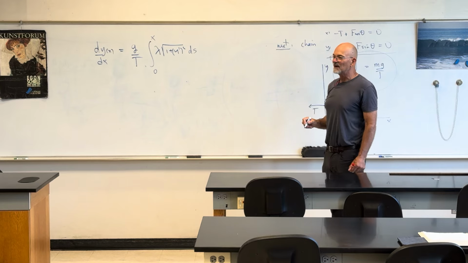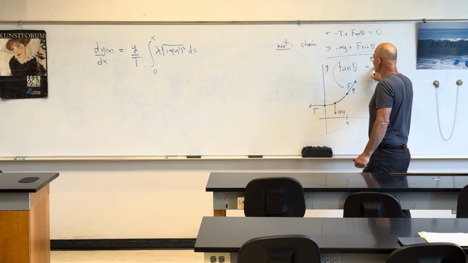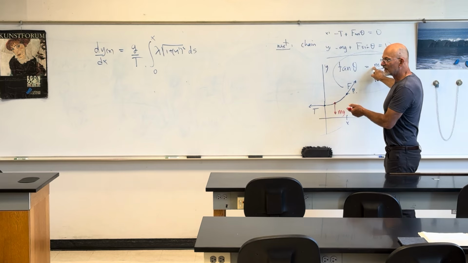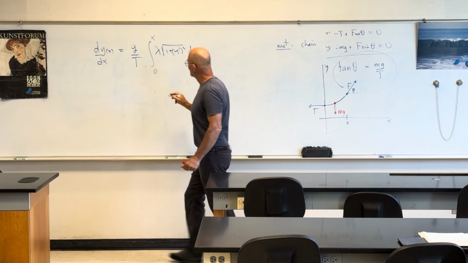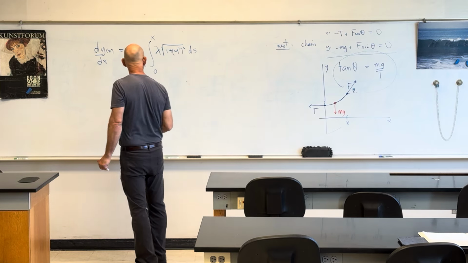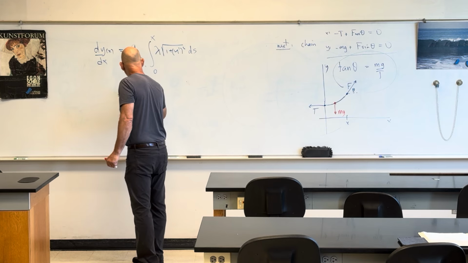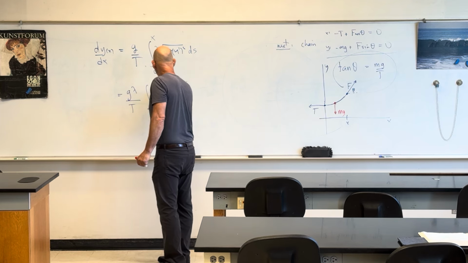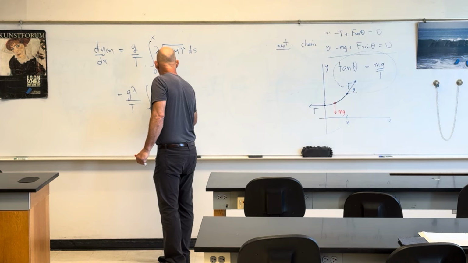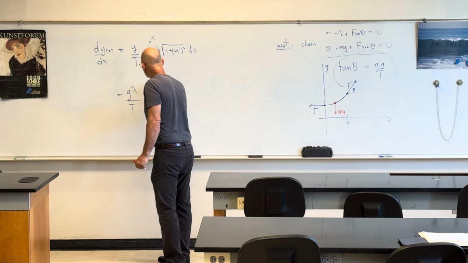Same thing we had before, lambda dl. So integral over dm is the mass. That's lambda dl, and there's our dl there. So now we're getting to the point I started the class off with erroneously. So now we would have g lambda over tension integral root 1 plus y prime squared ds from 0 to x.